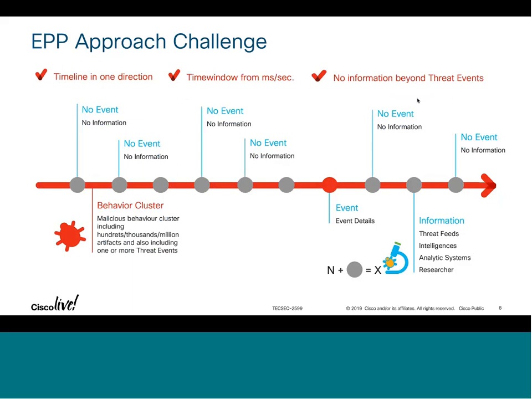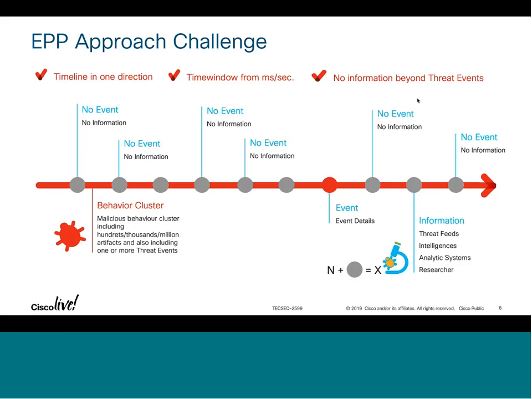The next thing is the time window. The time window for an endpoint protection is maybe a millisecond or a second. You cannot block the execution of a file for minutes or for a longer time. From a functionality perspective, you cannot do that.